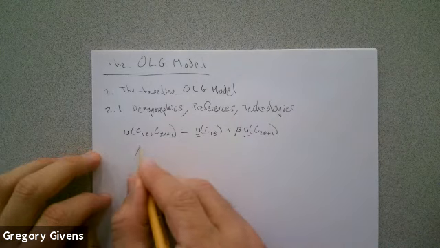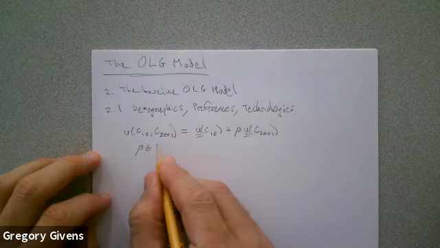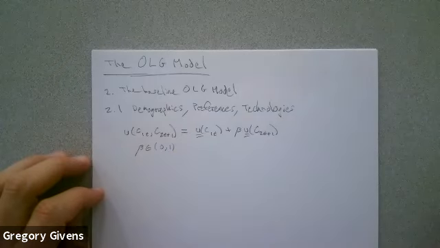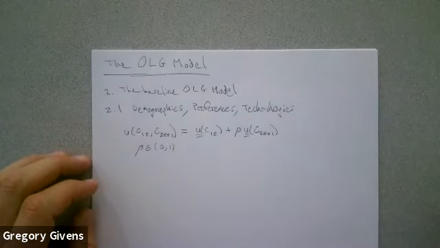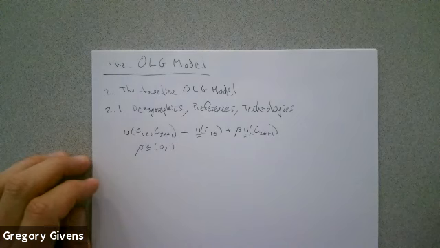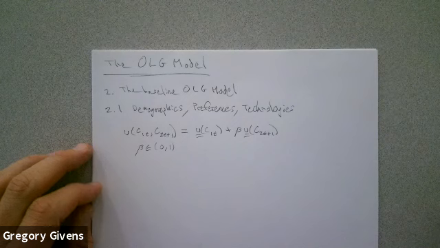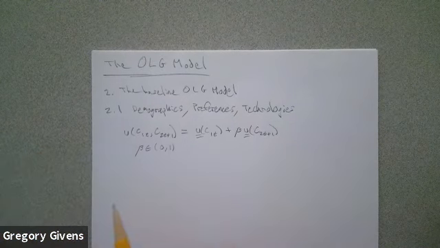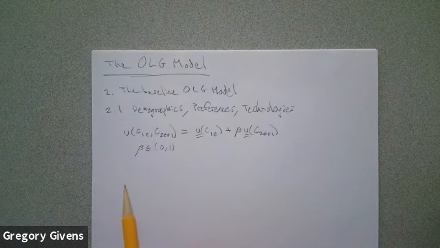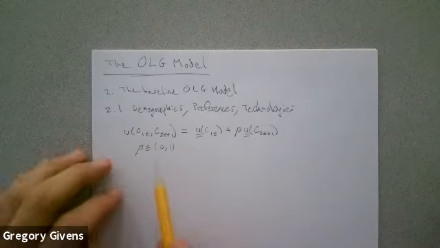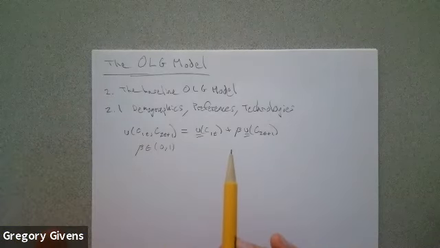Beta is the discount factor. This is a number somewhere between 0 and 1. In a model that is calibrated to a quarterly frequency, usually beta is something like 0.99. But for a model that is calibrated to several decades, beta is going to be much smaller than that, closer to 0, right? But we're just going to treat it as the discount factor. We're not going to assign a particular number to it yet.